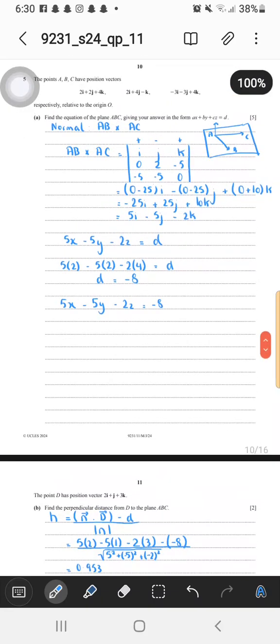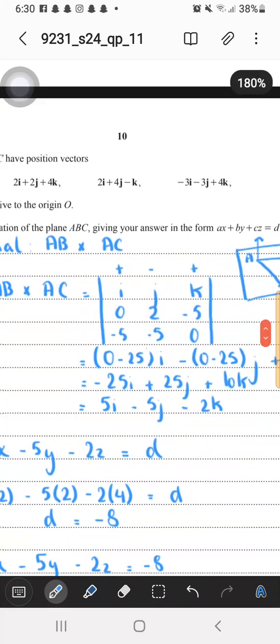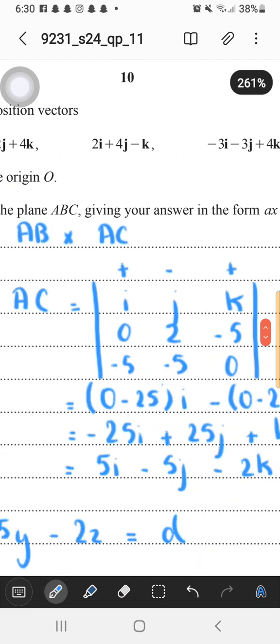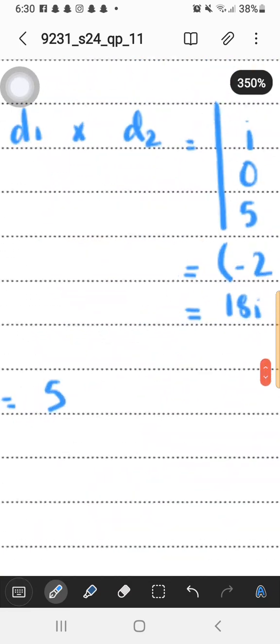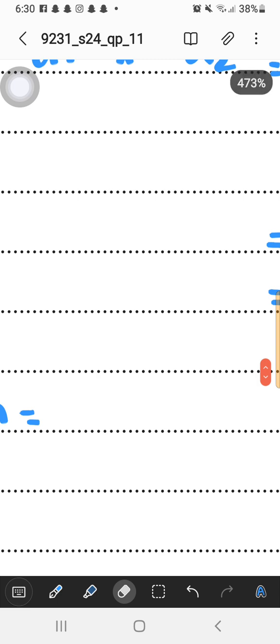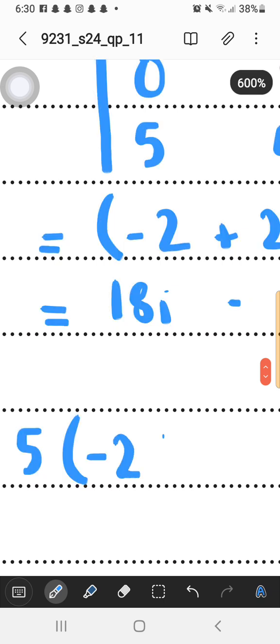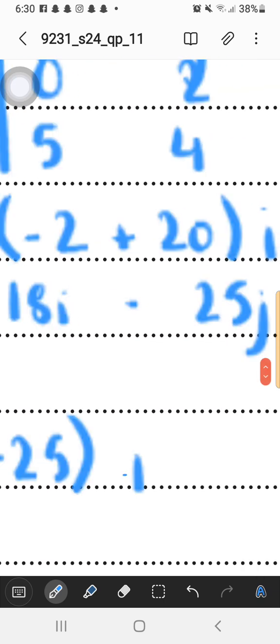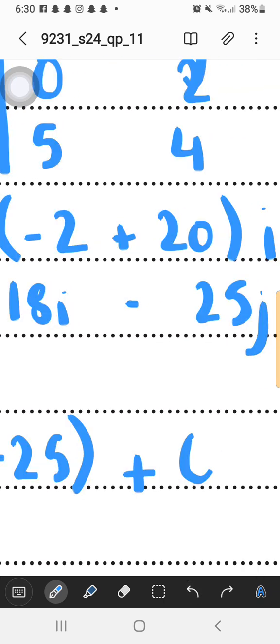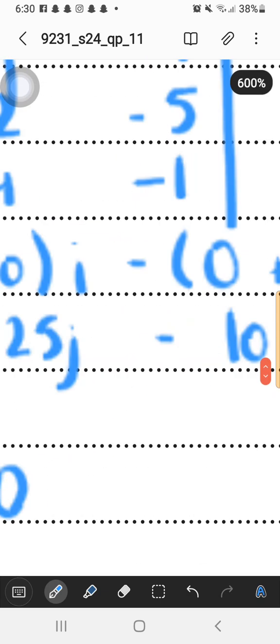Sorry, AC is negative 5, negative 5, 0. This is negative 5 and 18, again negative 5 and minus 25, and 0 multiplied by minus 10.